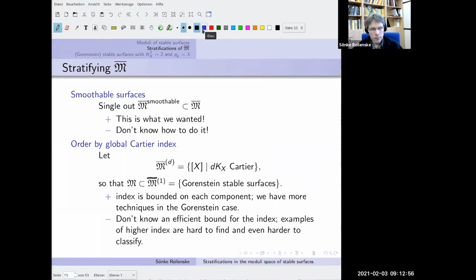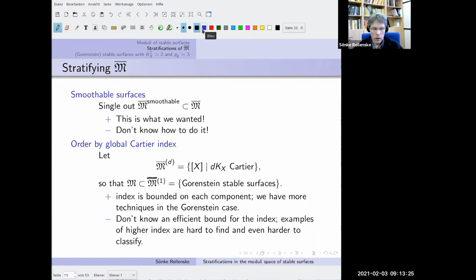In principle, the index is bounded on each component. Valery Alexeev knows much more about this than I do. We could go on by induction, doing index 1, index 2, and so on. In the Gorenstein case, we have a lot more techniques.